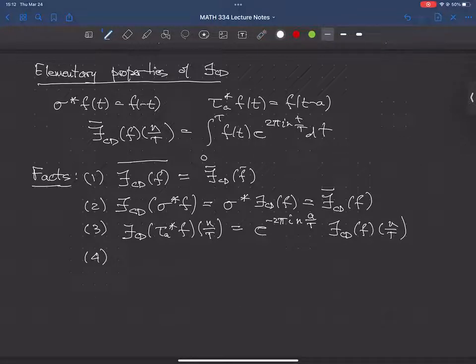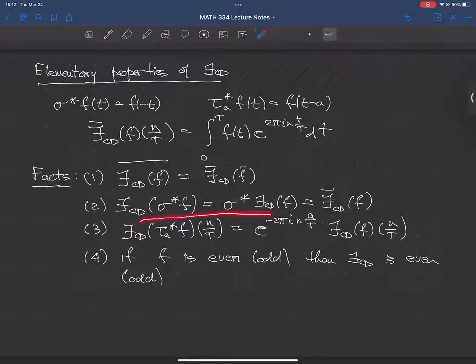Now let's see some very elementary properties of f which are reflected in the CDFT. If f is even or odd, then the CDFT is also even or odd. So that's that formula.